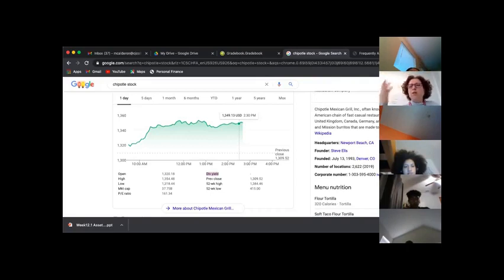So the dividend yield is the same thing, but it only includes the dividends. So what percent of the stock price are you getting?